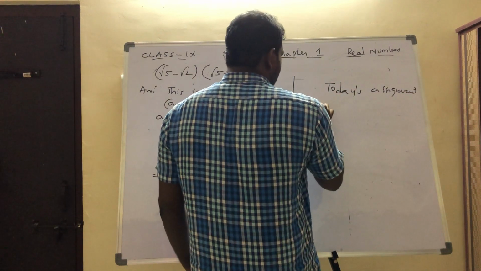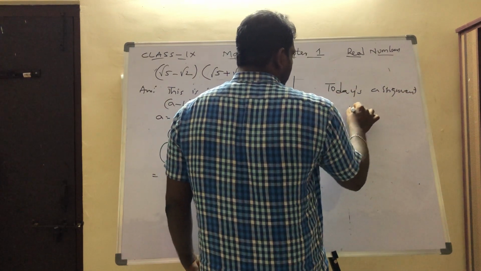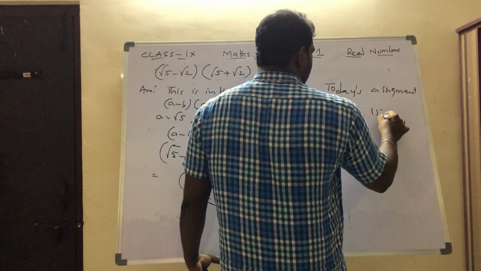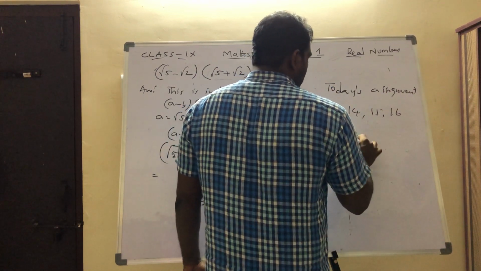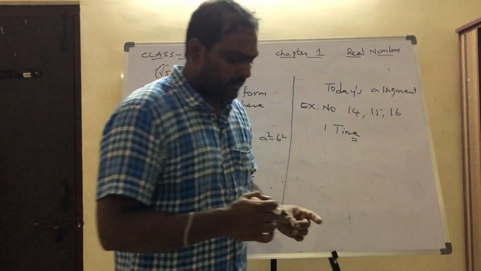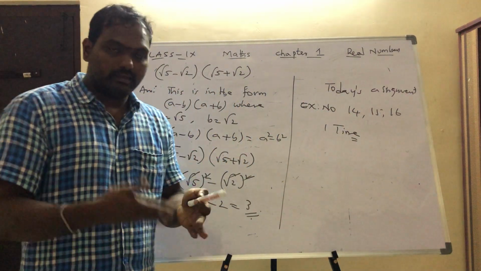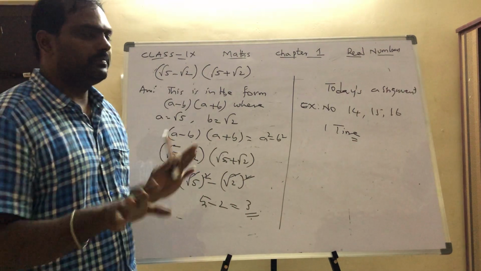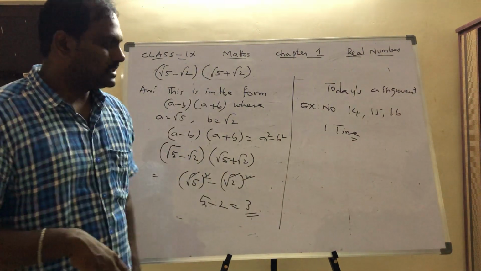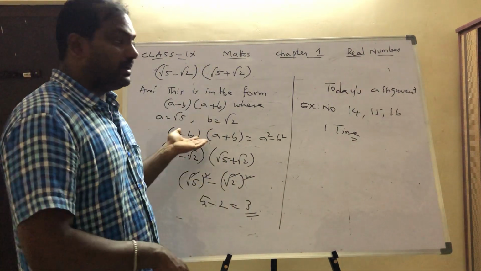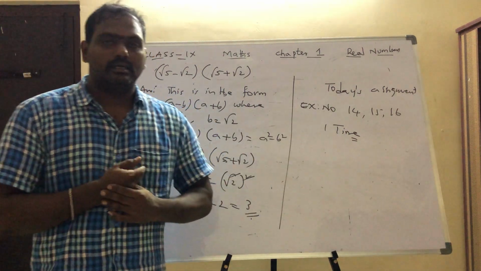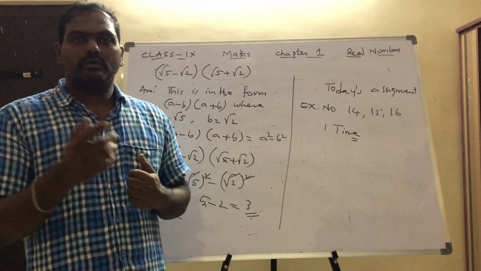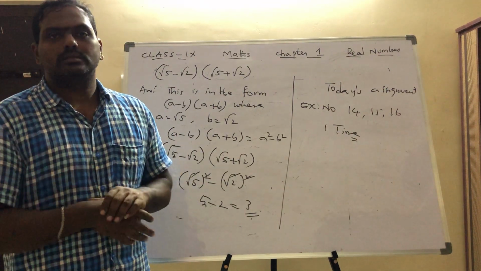I think you are all writing in the maths notes only. So don't write double times, triple times. No need. Whatever sums I have given, in whatever way I have explained, just follow it and write that in one book, in your maths notes.